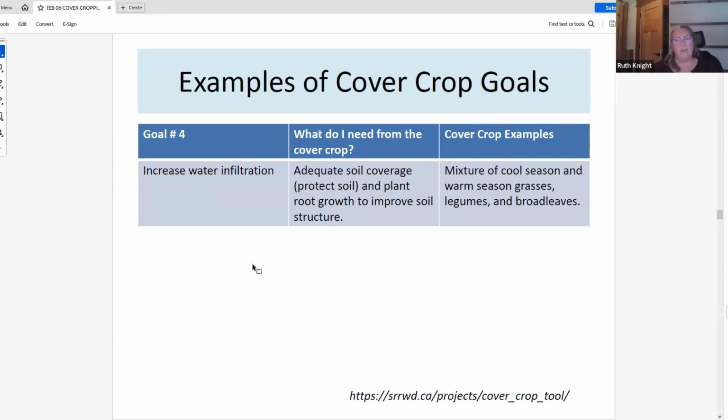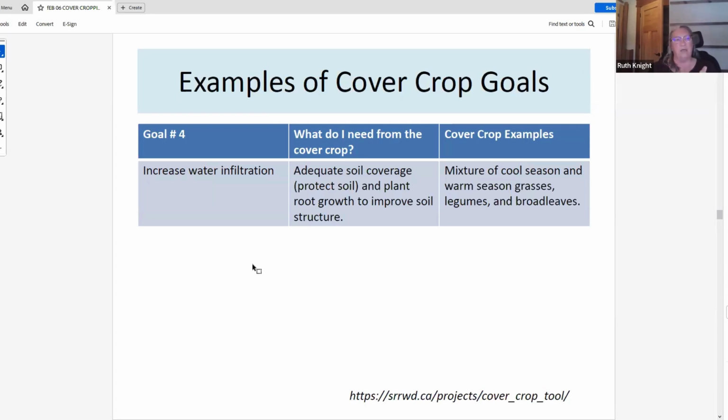So again, that's coming to effective precipitation, where you can receive as much water as is in the precipitation as possible. So there again, a mixture of cool season and warm season grasses, legumes, and broadleaves.